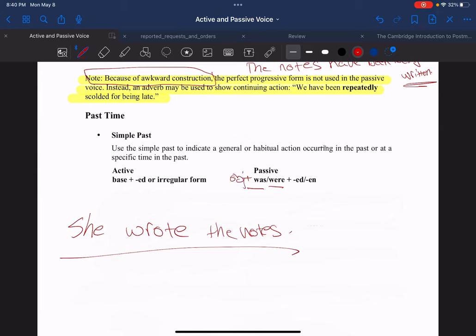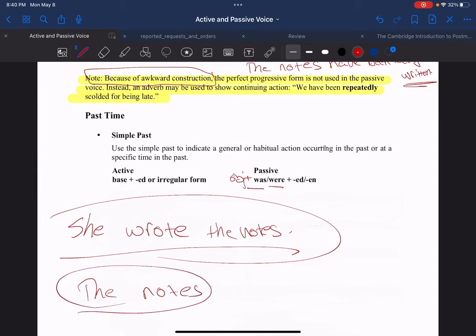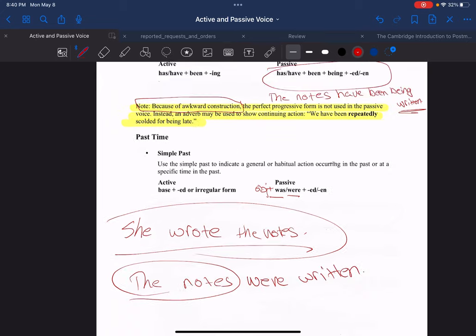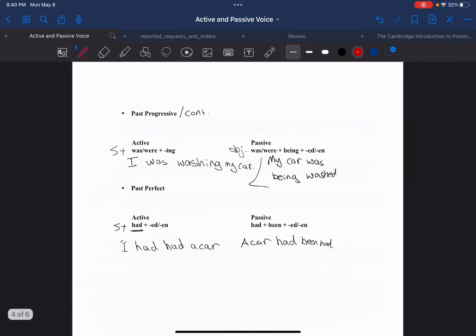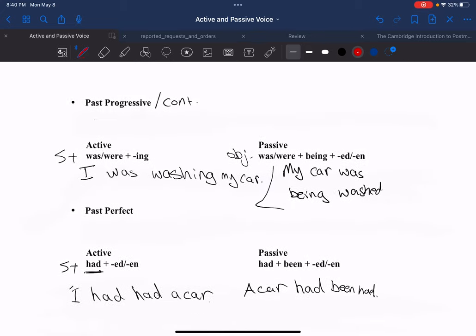Now, changing this to passive, you have the notes. Now, the notes, this is a plural phrase. The notes were written. Nothing too hard, nothing difficult, nothing for you to get confused about. Now we go to past continuous.